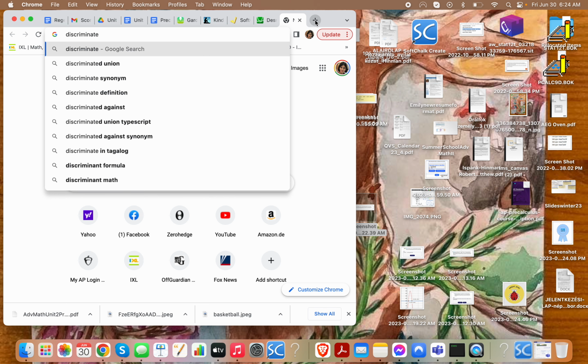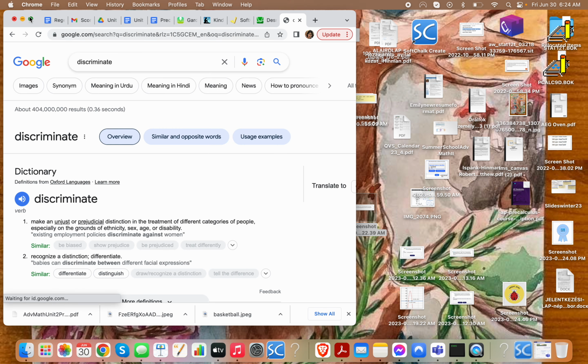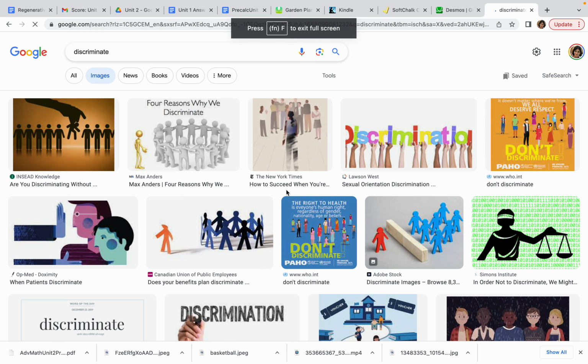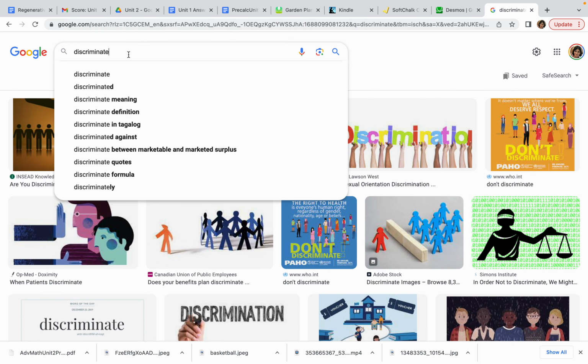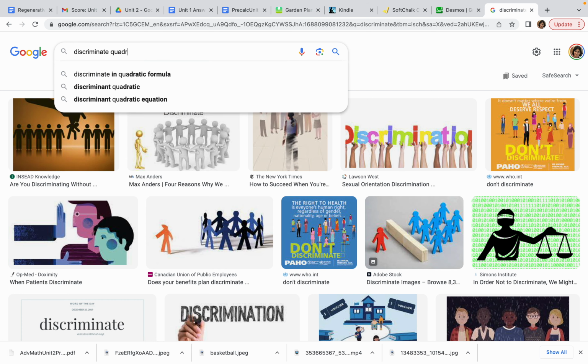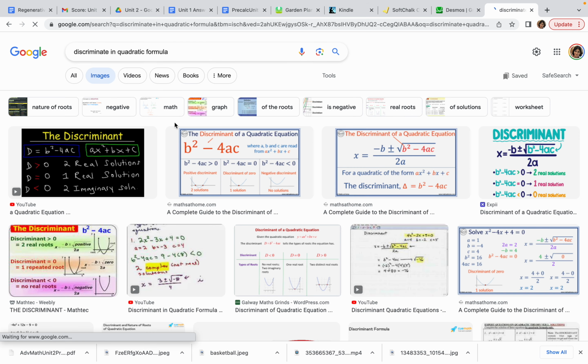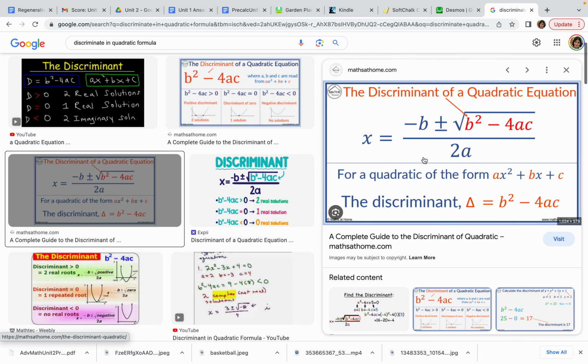Discriminant, quadratic formula. Okay, so this part inside here, b squared minus 4ac, is the discriminant because it's helping us know something. If I have negative b plus or minus 0 divided by 2a, I only have one solution. That means that the quadratic is touching the x-axis at one point. I have one solution. If b squared minus 4ac is negative, then that means I have no solution.